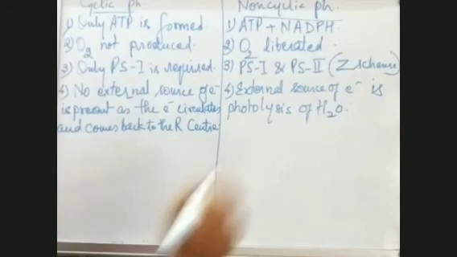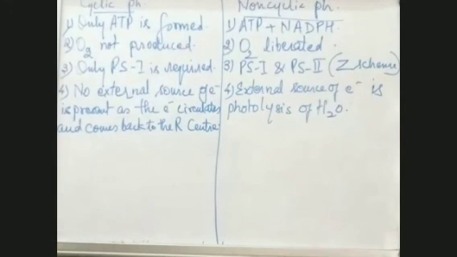Because of photolysis of water, electrons are synthesized, and those electrons are provided to the reaction center so that there is a continuous supply of electrons. So this is the fourth difference between the two.